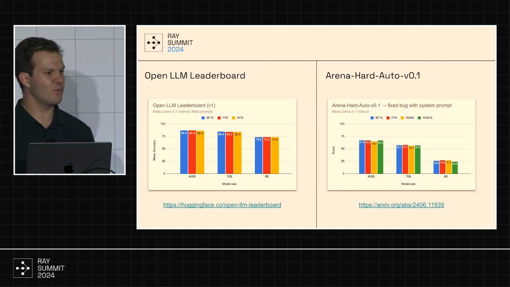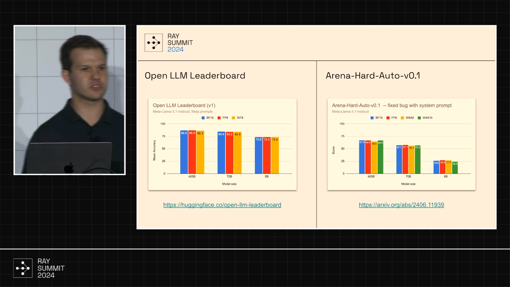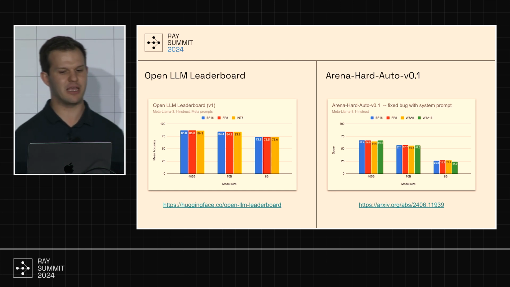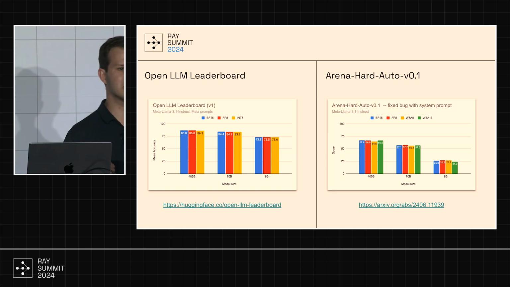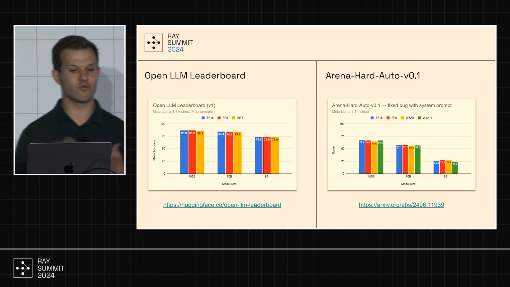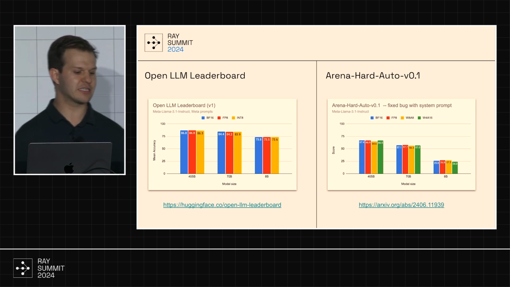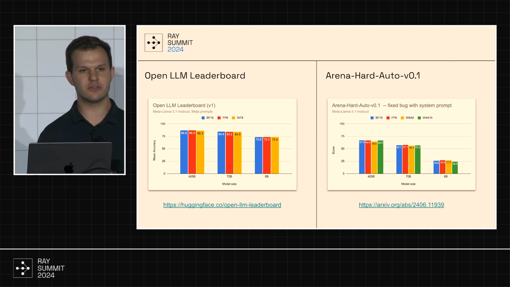And so recently, we've been a lot more focused, especially with some of the pushback from the open source community on the Llama 405B FP8 models, to pick the hardest possible evaluations. And in particular, we've started to standardize on Arena Hard Auto. Arena Hard and Chatbot Arena is kind of the gold standard for instruction models in the open source ecosystem.